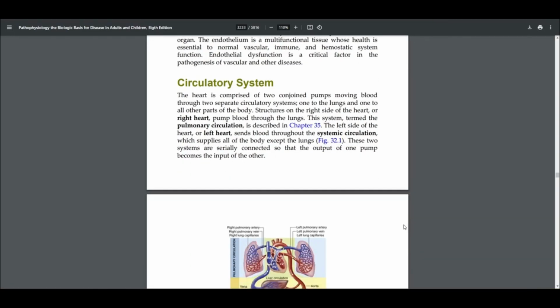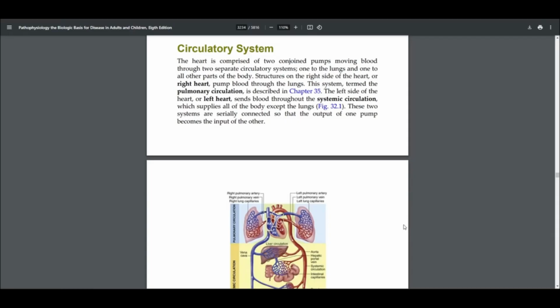The circulatory system. The heart is comprised of two conjoined pumps moving blood through two separate circulatory systems, one to the lungs and one to all the other parts of the body. Structures on the right side of the heart, or right heart, pump blood through the lungs.